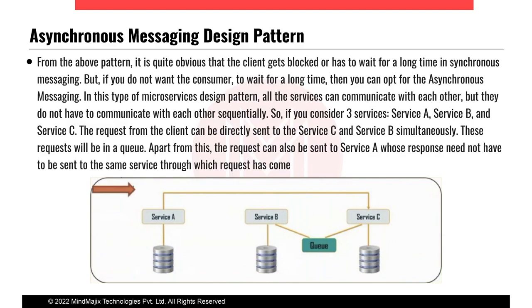All the data will be stored in a queue, and after that every response is collected and sent back to the client. So the client doesn't need to wait so much time to get the response, because it's not coming in a chained manner.